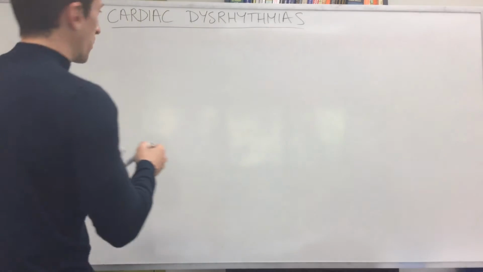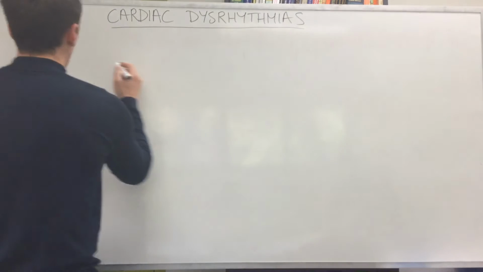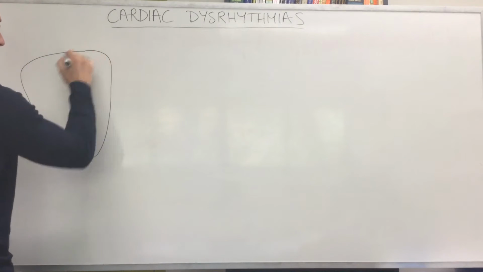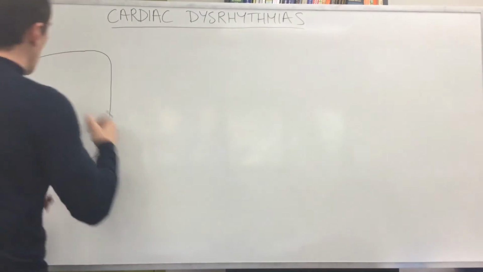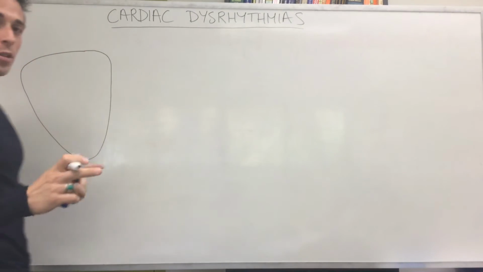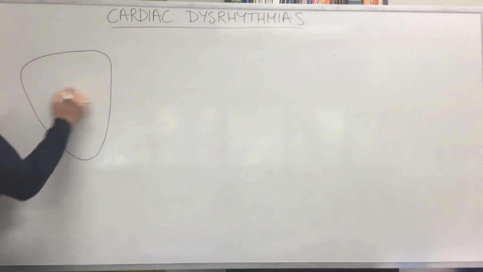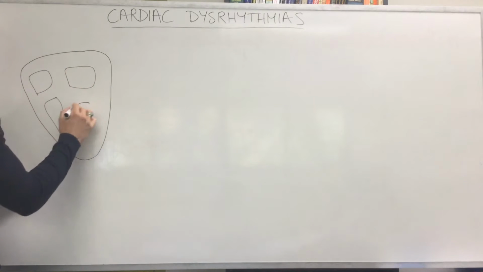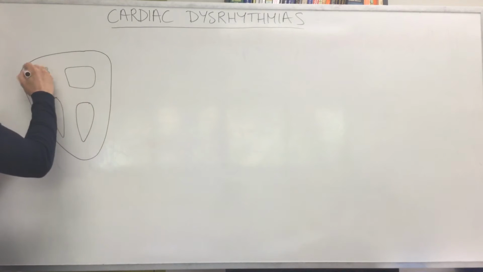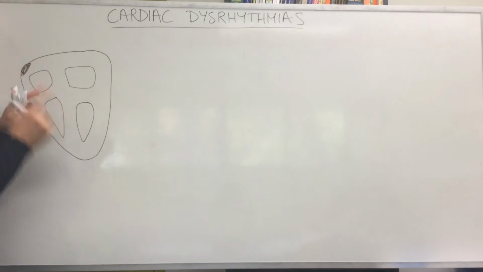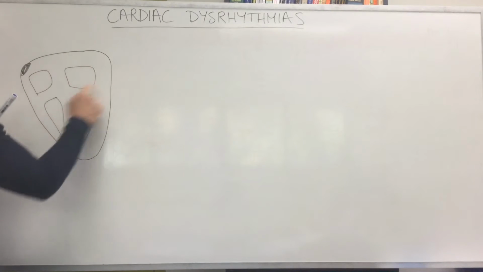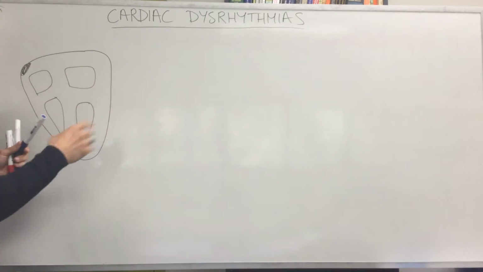So if we were to draw the heart up again, I'll draw it up over here. We spoke about sinoatrial node originating dysrhythmias, but let's say we have arrhythmias originating now at the atria. So if I were to draw up the chambers again, very roughly, we're now skipping the SA node and we have depolarization events now originating somewhere within the atria. Okay, that's the first point.